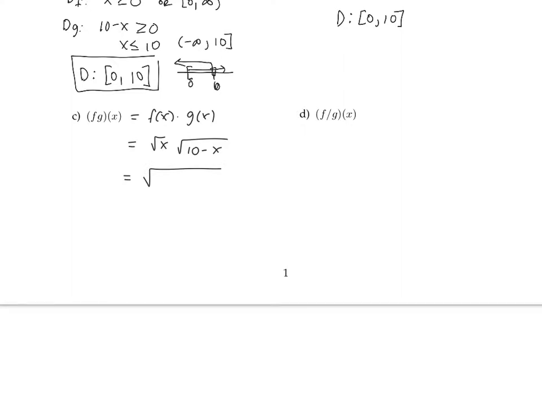You get root x times 10 minus x, or root 10x minus x squared. And the domain here is no different than the domains for part A, B, or C. The domain is still 0 to 10.